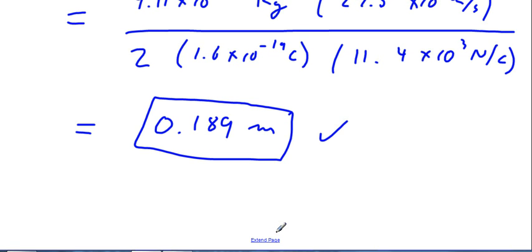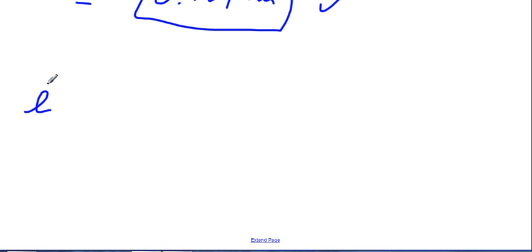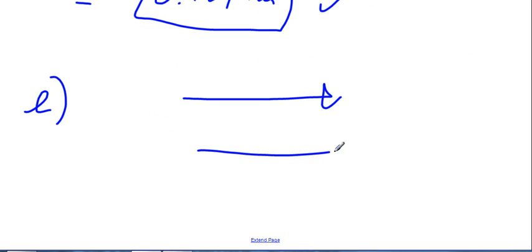Then we want to find the time, how much time will elapse before it returns to its starting point. Okay, so we have some electric field, we have some electron going that way. When it stops, it's obviously going to turn around and come back, and the amount of time it takes to go one way is the amount of time it takes to go the other way.